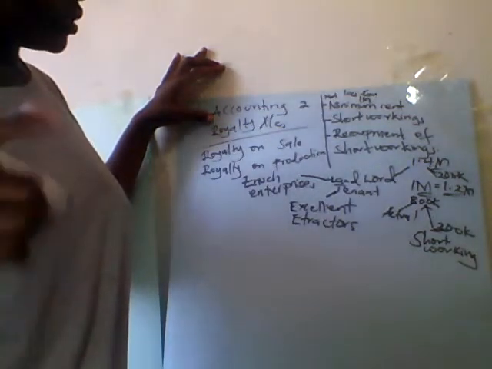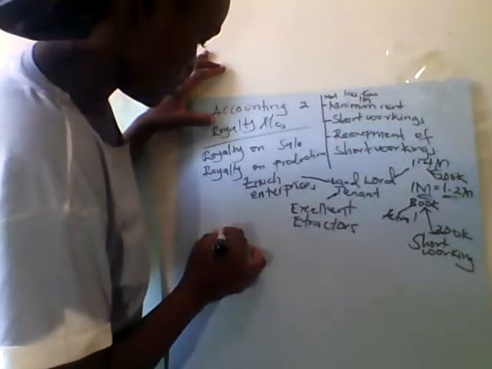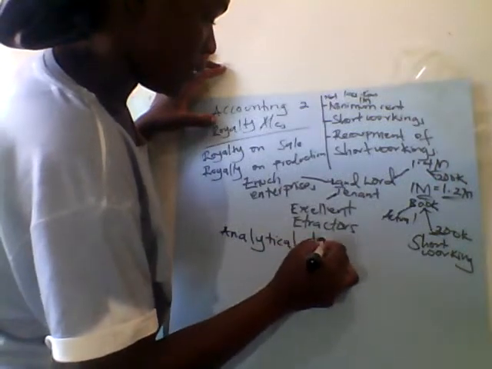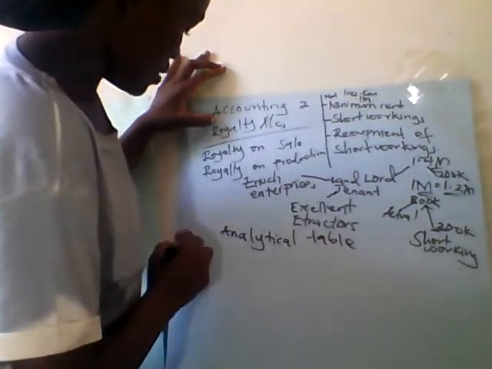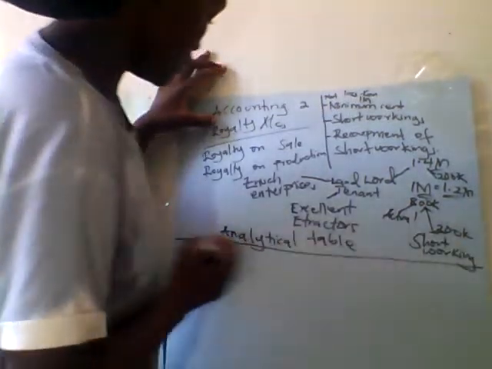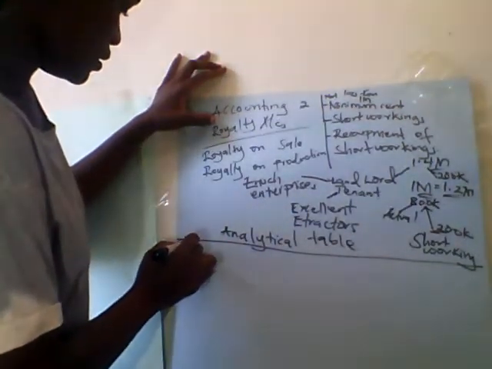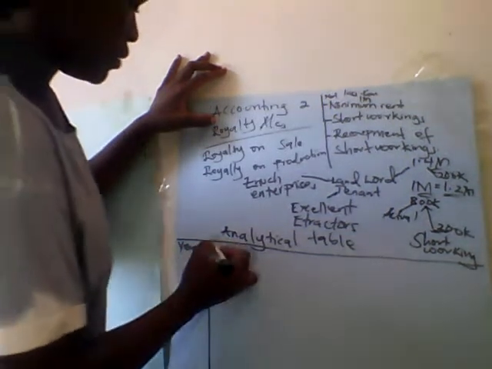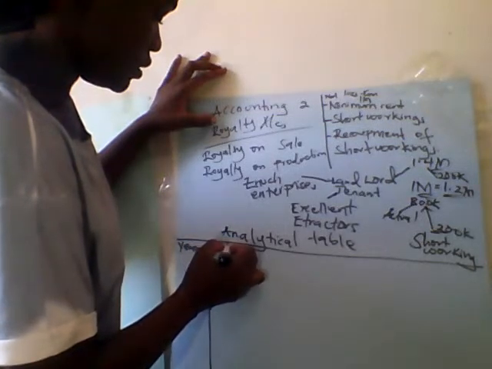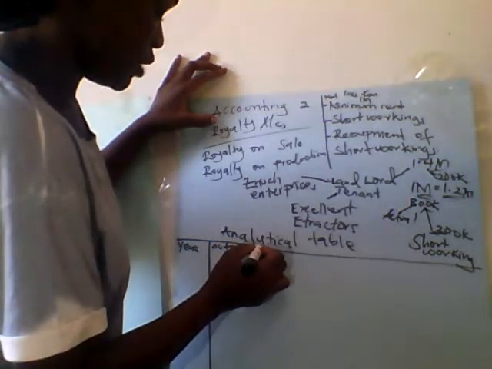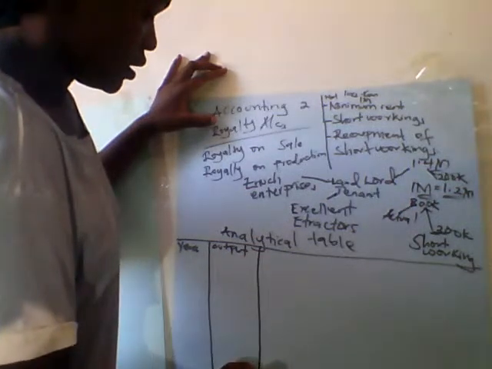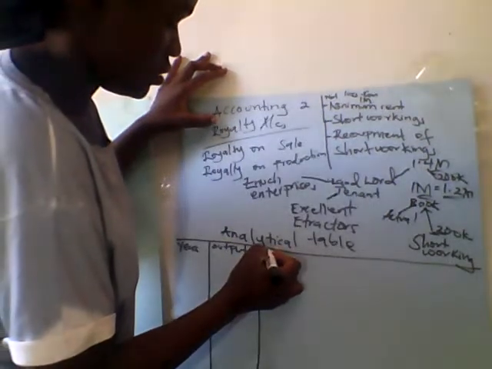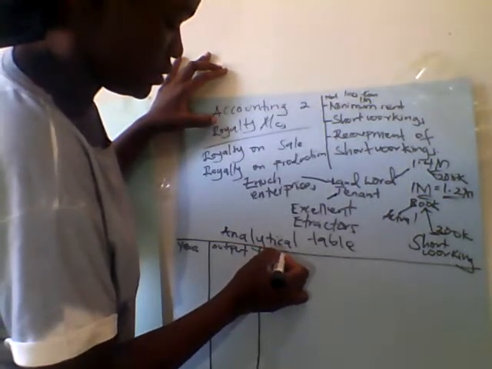So the first thing we do is to draw the analytical table. In the analytical table, we have the years, we have the output, like what was extracted. Then we have the royalty.